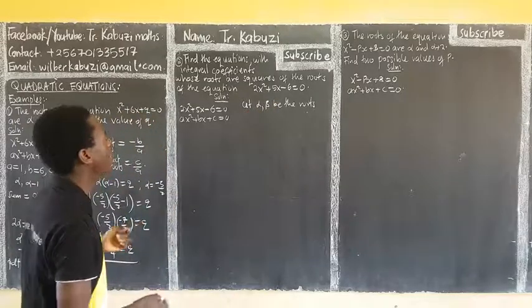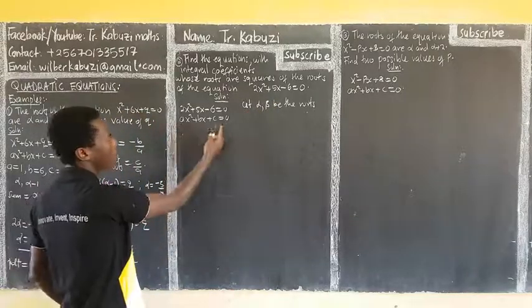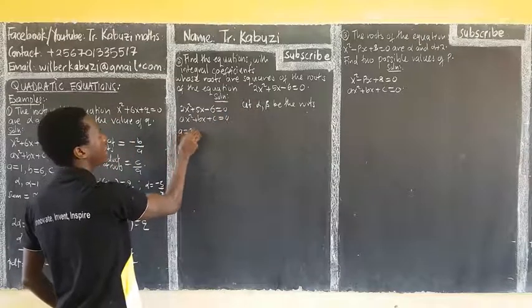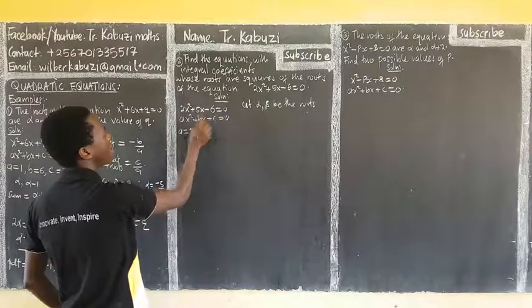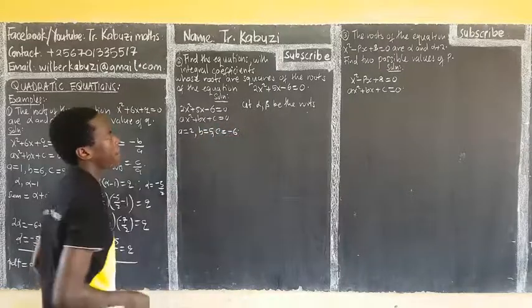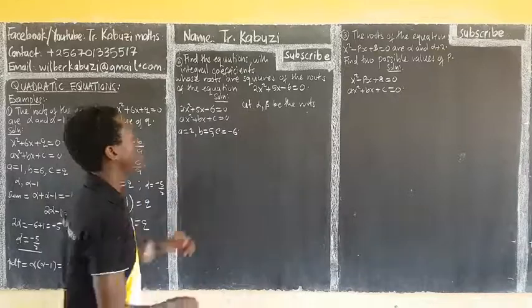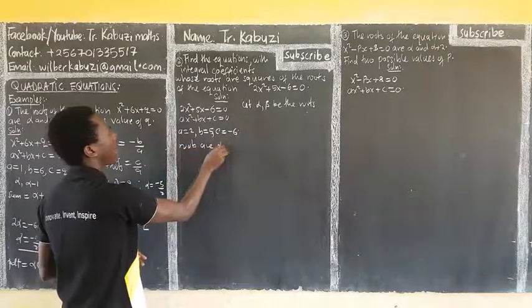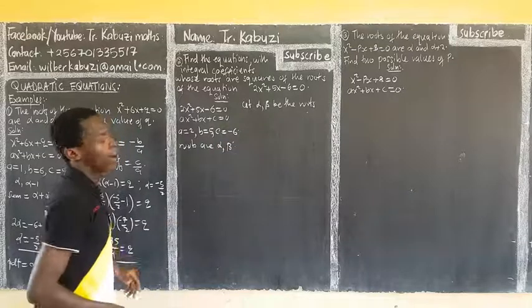If we compare with the general equation, our a here is 2, our b is 5, and our c is negative 6. So now, these are my roots, alpha and beta, and I need their sum.